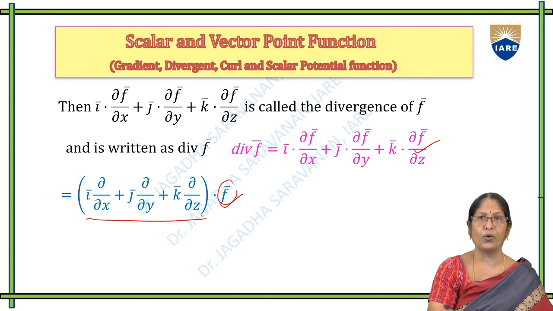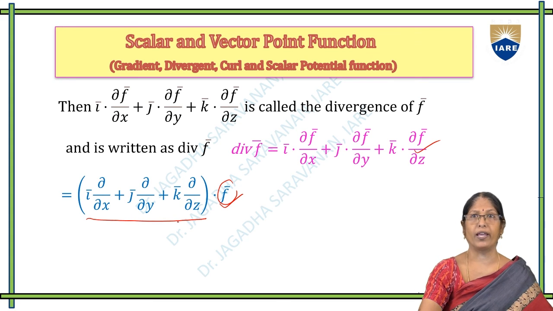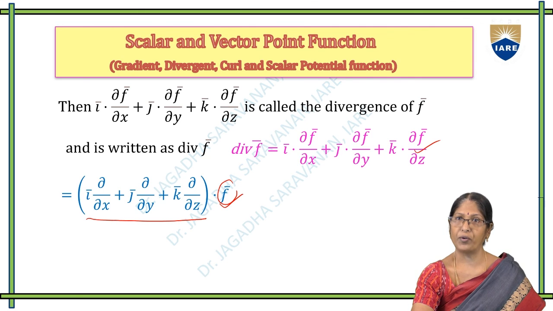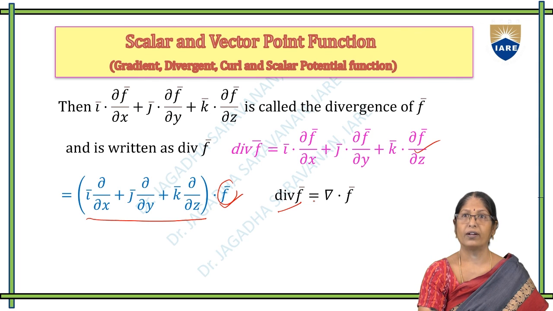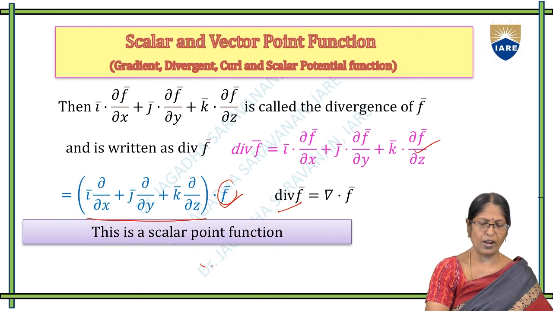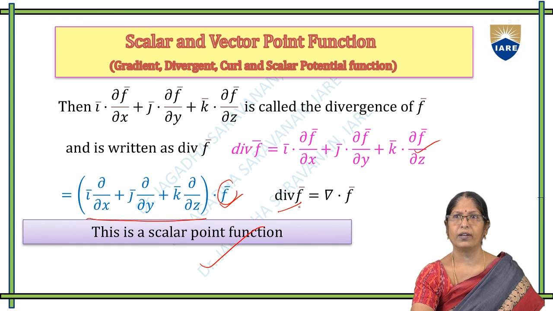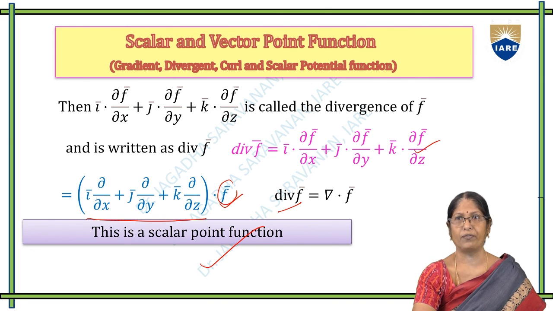This formula is nothing but our gradient. So we can write divergence f is nothing but grad dot f, where f is our vector function. We can always remember that if we do the dot product, the result will be a scalar, that means it has only magnitude, a scalar point function.